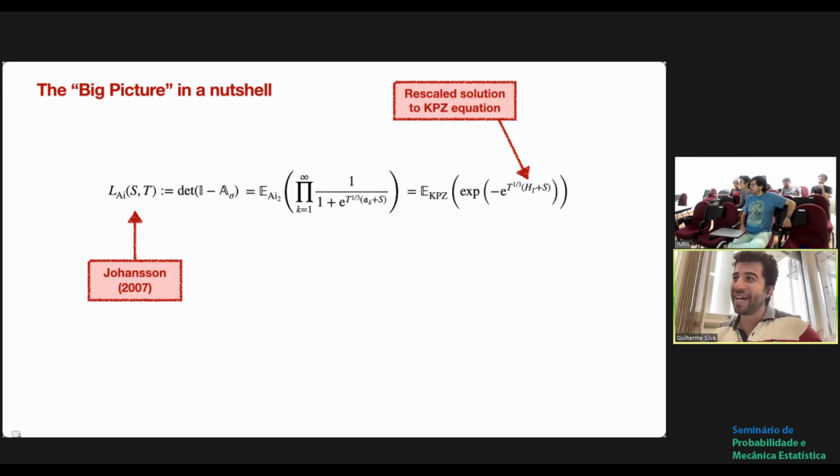When you use this identity to recover the distribution of your KPZ equation, you look at your KPZ height, rescale with time, and the one-point distribution is a certain distribution which depends parametrically on time.